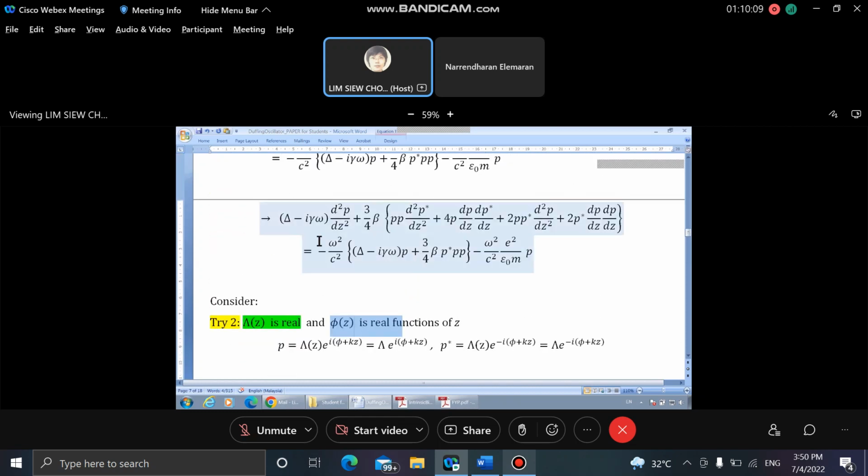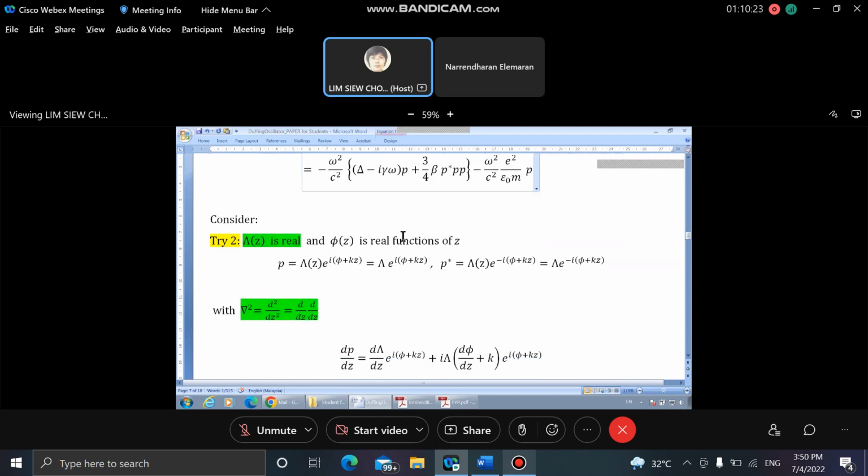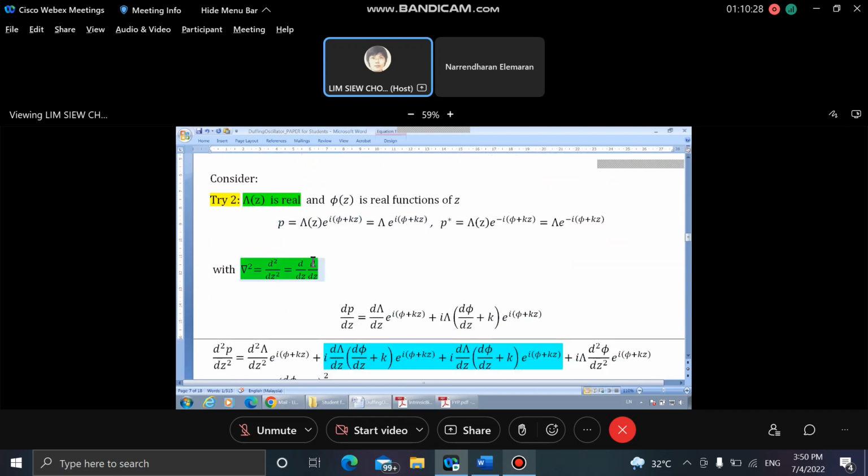Okay, remember our results, combining the results from the articles and the wave equation give us this. So in this equation, we have P and also we have P star. So we just follow the assumption of the article. The P equals gamma Z exponent i phi plus kz. So if we consider gamma and phi to be real, the P of course will look like this.